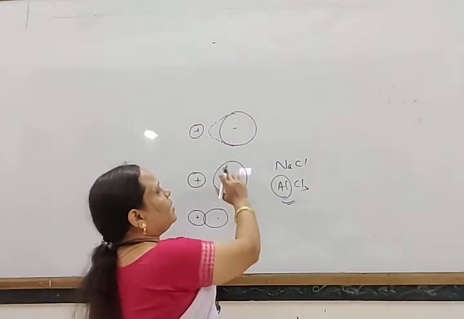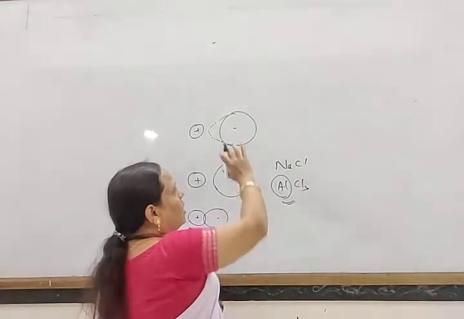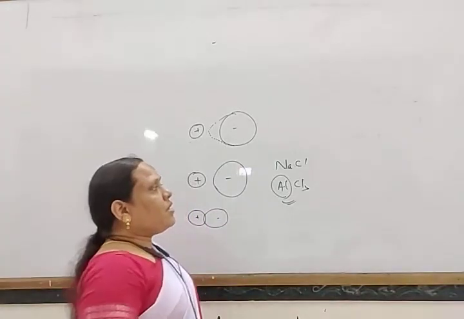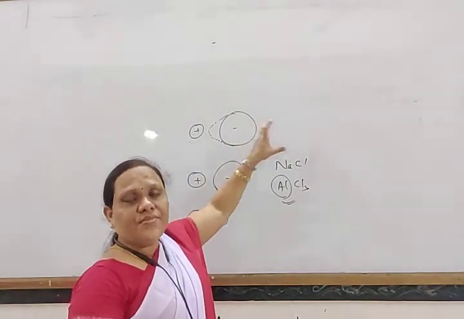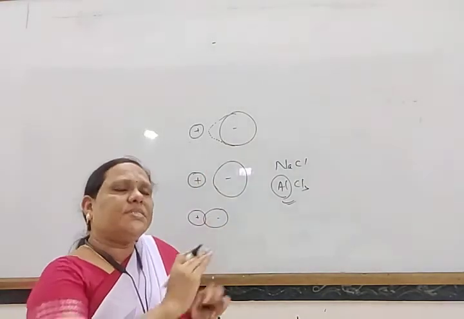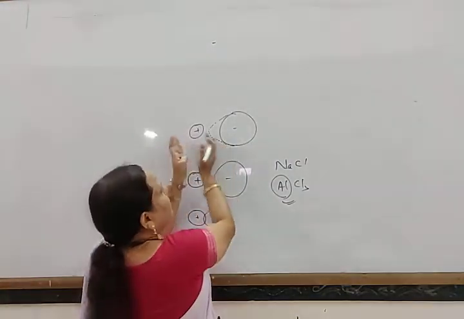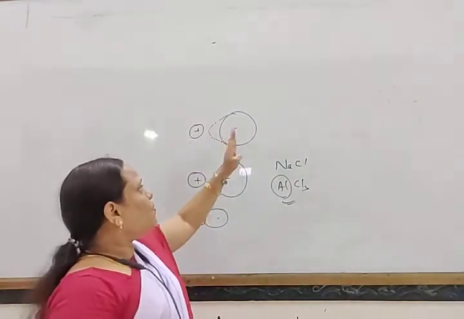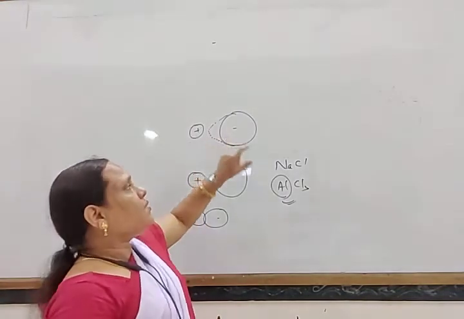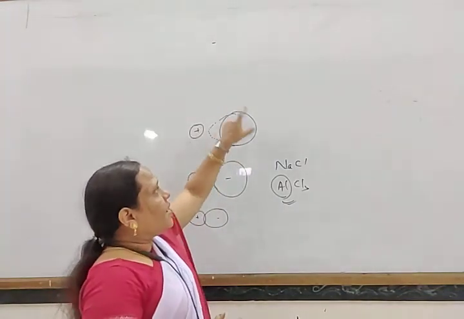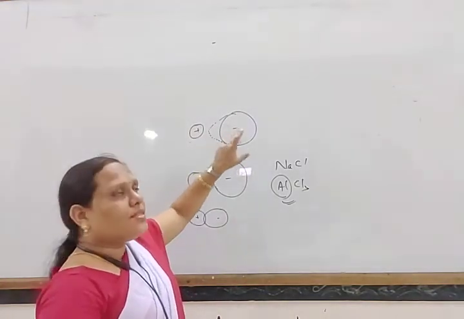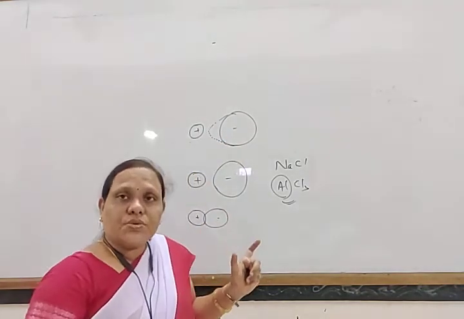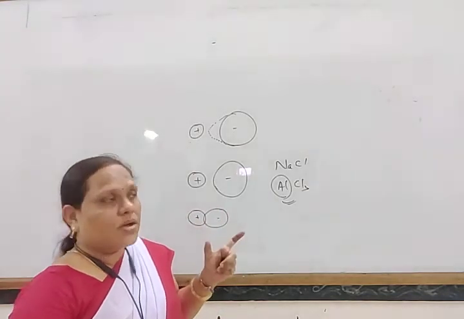And similarly, if we consider the charge of the ions, if the negative ion has more charge, then its size is more. If its size is more, then the overlapping takes place, and more polarization takes place. Due to more polarization, it shows some covalent character.